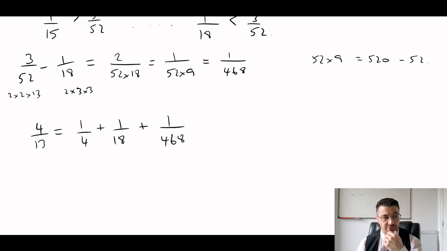And the reason why these prime decompositions might be useful is if you want to check this. And I do recommend that you do this. So 4 is 2 times 2, 18 is 2 times 3 times 3. 468, where did we get that from? 52 times 9.